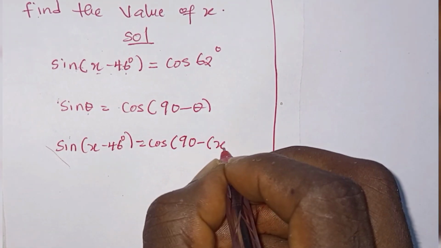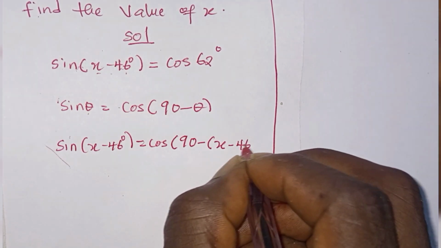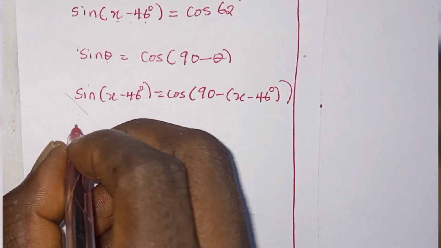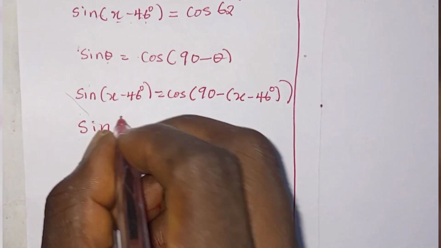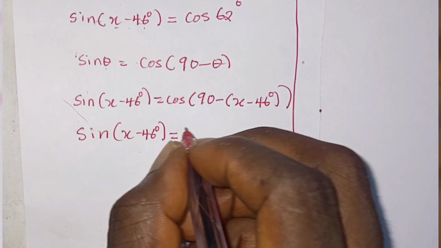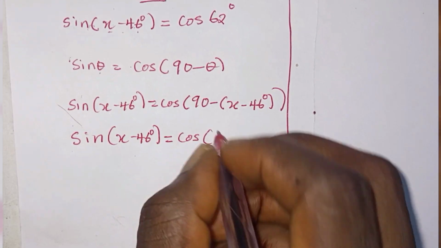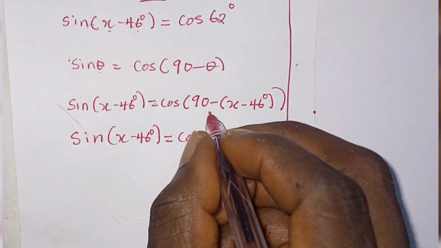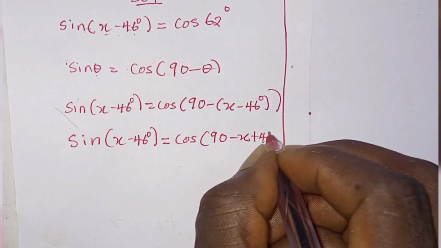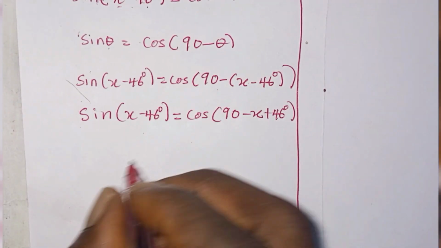What is my theta? x minus 46 degrees. Close the bracket. That is sine (x minus 46 degrees) is equal to cos (90 minus (x minus 46) degrees). Minus times minus gives plus 46 degrees. We move on.